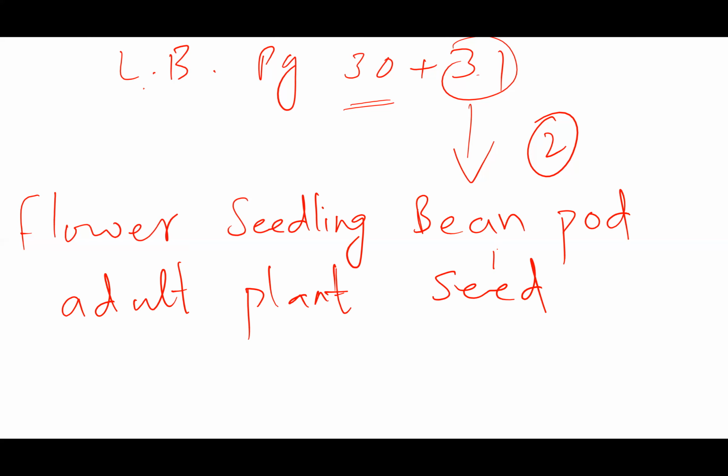So seed is the first step. So you're going to write number 1 on the seed. Then after the seed grows, it grows into a tiny little plant, which is called a seedling. So seedling is number 2. Then it grows into an adult plant. Then that adult plant grows flowers on it, and then definitely the seeds or the pod. So this is how you're going to do it in your learner book.